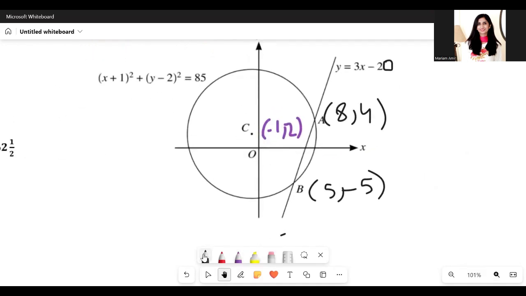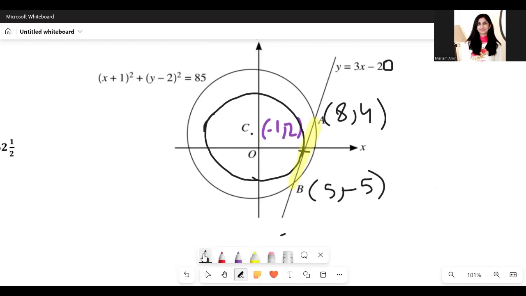They're asking us to find the equation of another circle whose center is C, but whose tangent is this line. This is a bad looking circle, but it is what it is. So now this is going to be tangent to this line.